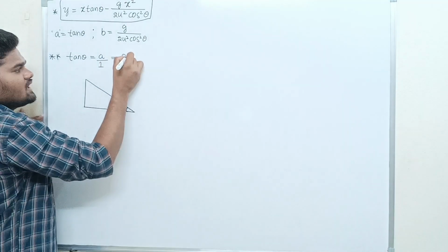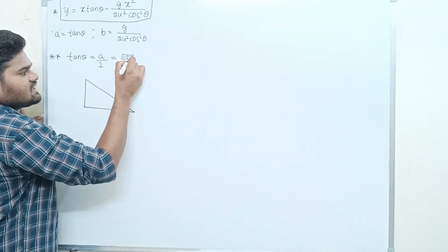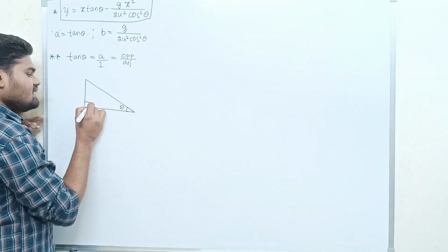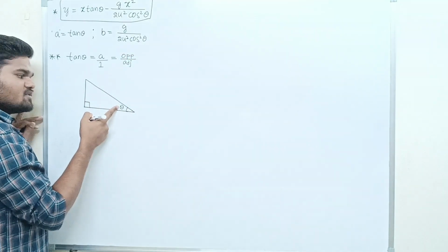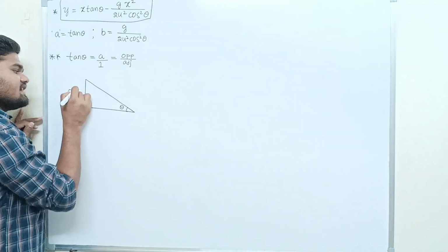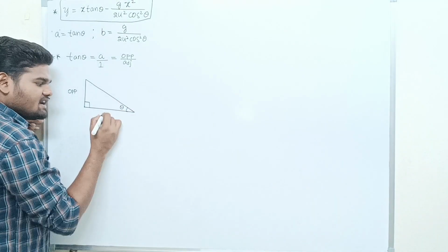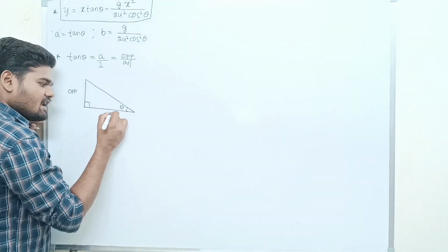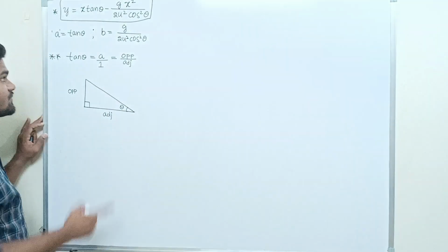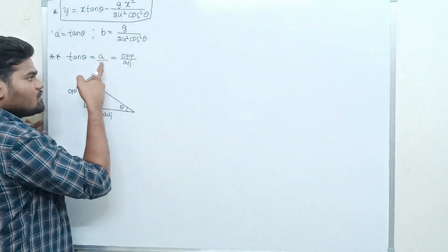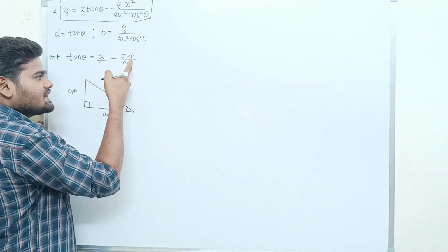Tan theta is nothing but opposite side by adjacent side. So this is 90 degrees, and this is an angle theta. What is the opposite side? The side which is opposite to the angle theta. What is the adjacent side? The side which is along the angle theta is called the adjacent side. So tan theta is equal to a by 1, that is equal to opposite side by adjacent side.